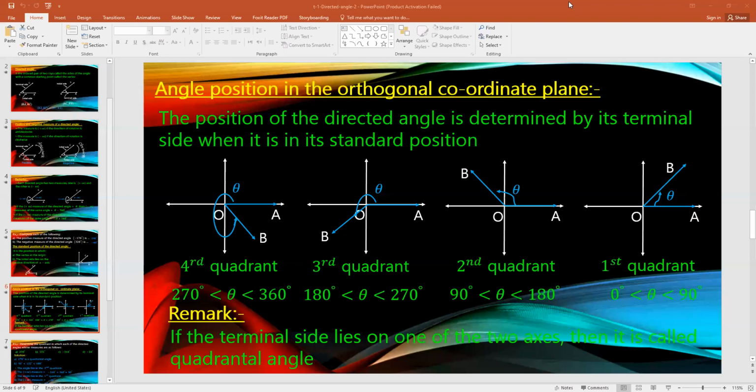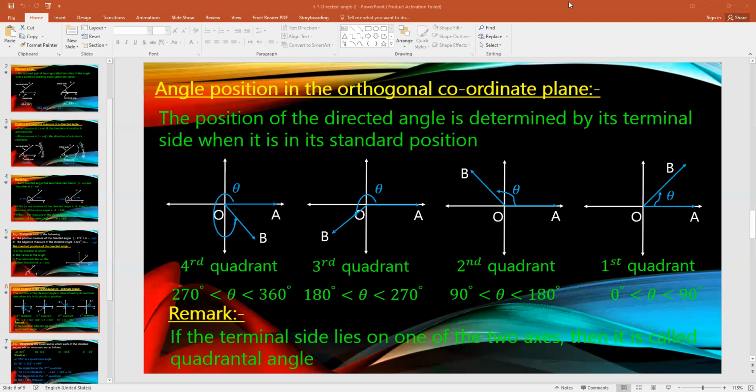Here I will write initial and terminal. Initial side BA and terminal side BC. Then this directed angle is written as the ordered pair BA, BC. And here, initial side BC and terminal side BA, then the ordered pair or the directed angle is BC, BA.